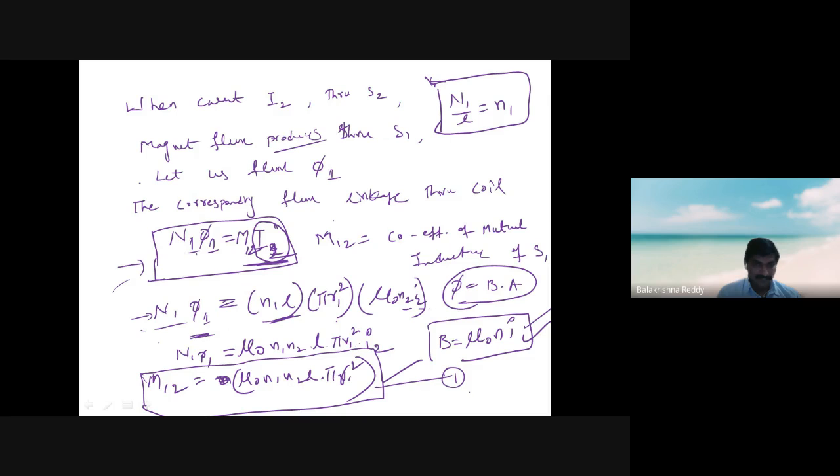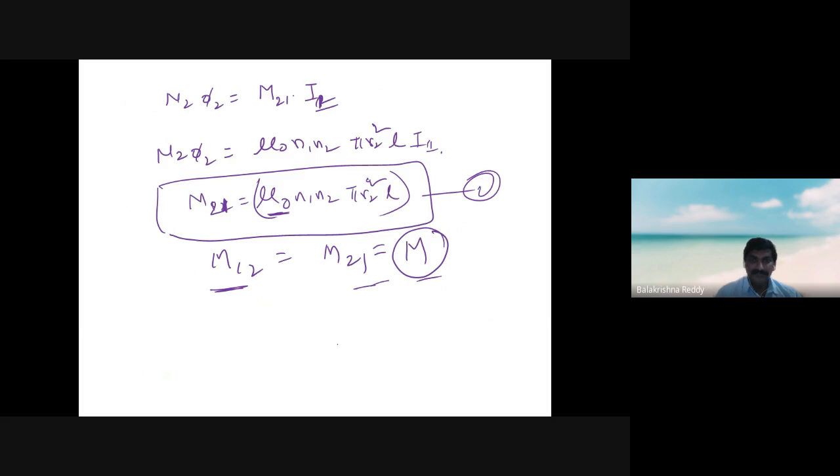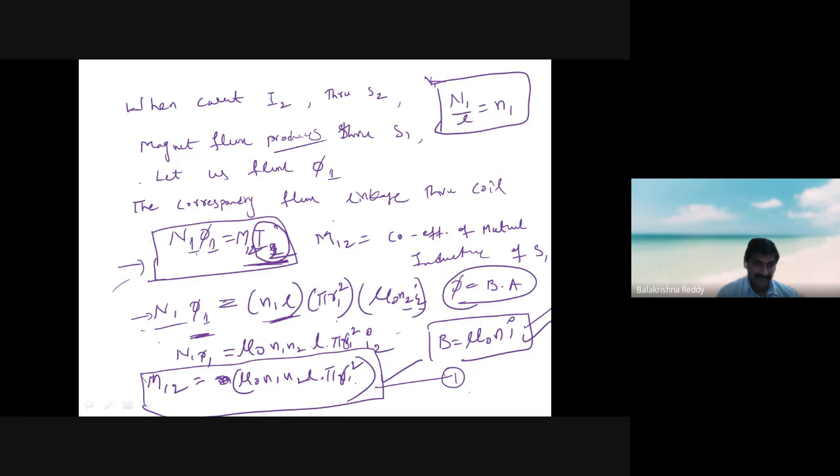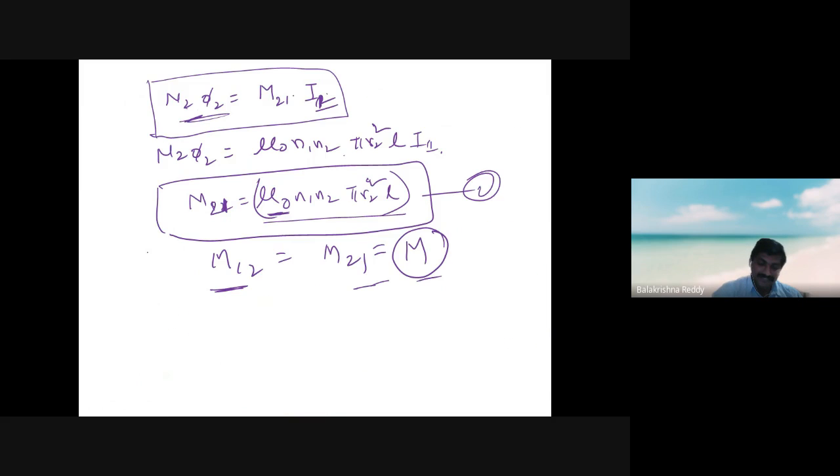In the first coil it is R1 square, but in the second case, with respect to the second coil, it is R2. We already obtained this formula from inductance. So N2 phi 2 equals this one, I1 cancels from both sides, and you have the same value with respect to N1. When we equate, in both cases the mutual inductance remains the same.